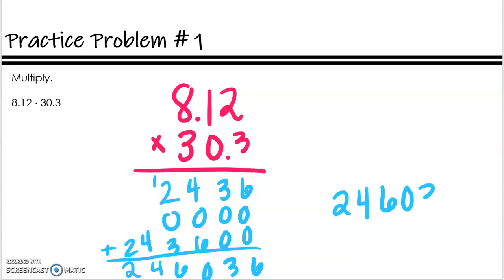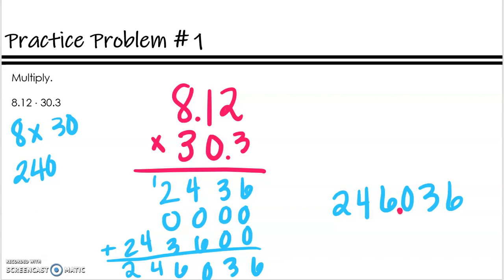I want you to go back, and I should have done this before, but let's estimate. 8 times 30, just estimating those whole numbers, that's 240, okay? Where would my decimal need to go in this number to make my answer really close to 240? Well, we want 240 something, so the decimal would need to go here.